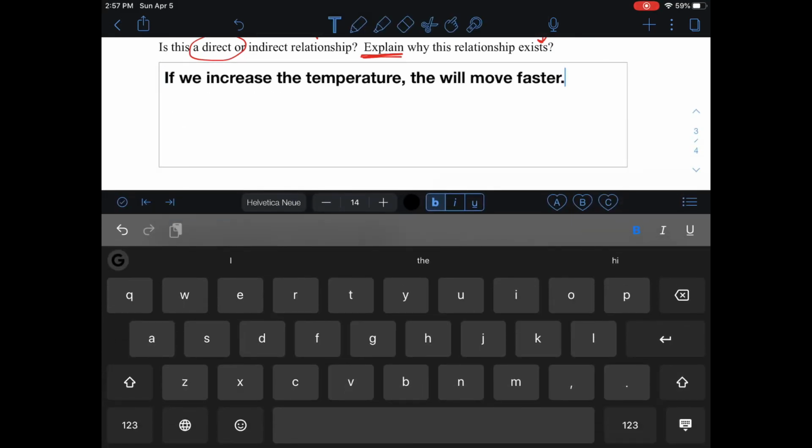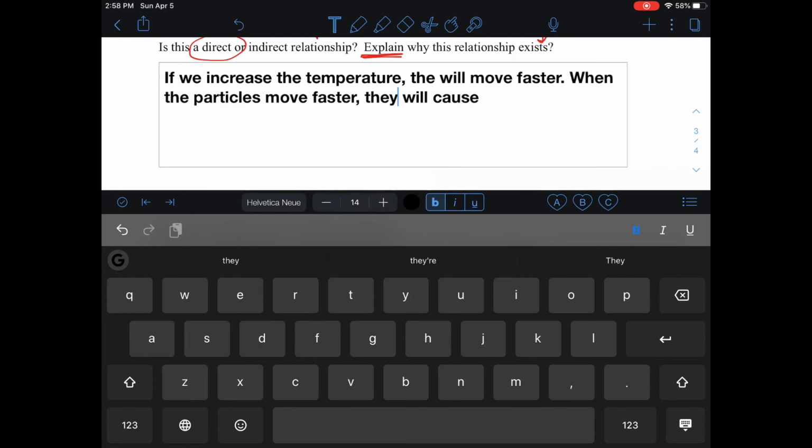So, let's see. When the particles move faster, in this case we have an expandable container. Not all containers are expandable, but since I set pressure to be constant, it is expandable.